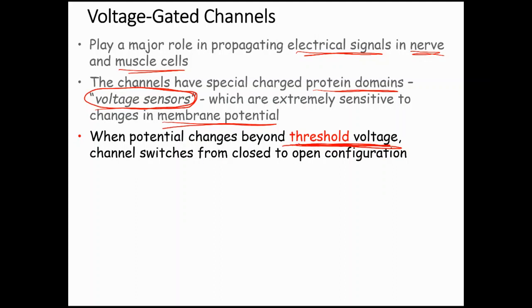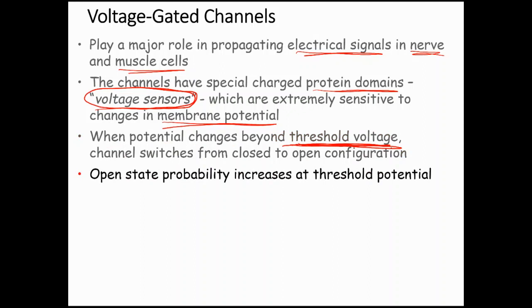Suddenly, instead of being mostly closed and only randomly opening up, it will definitely open up and stay open for a longer period of time. Open state probability increases at threshold potential. So how long it's going to stay open is going to increase when you are at threshold potential.